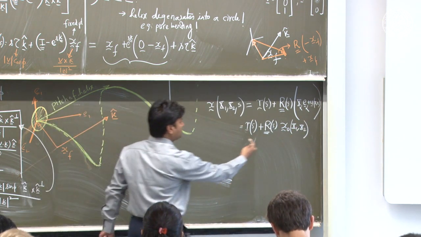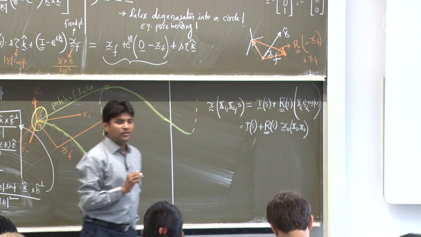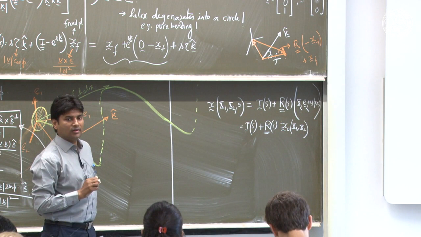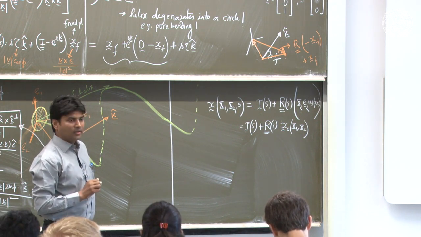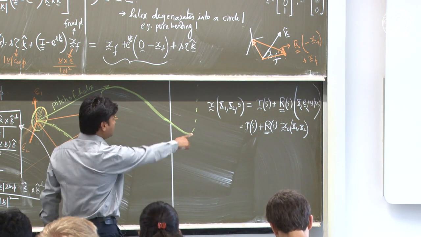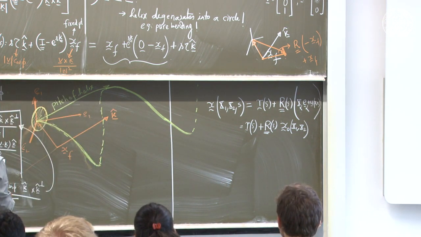So both of them have been subsumed in this quantity. And let's see what we get when we plug in these two formulas, little r and big R.